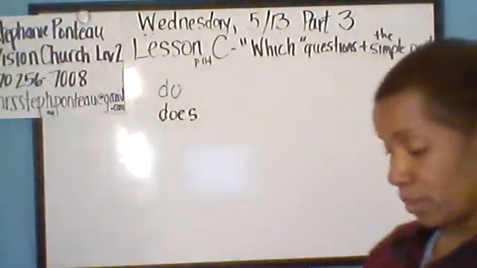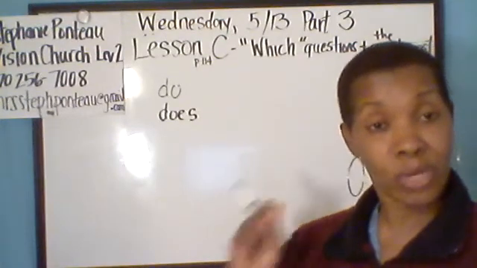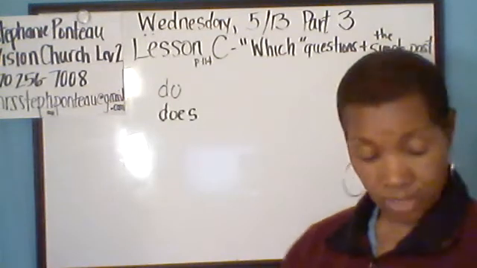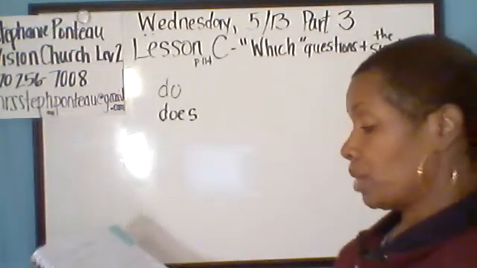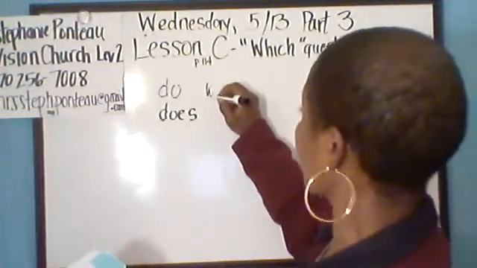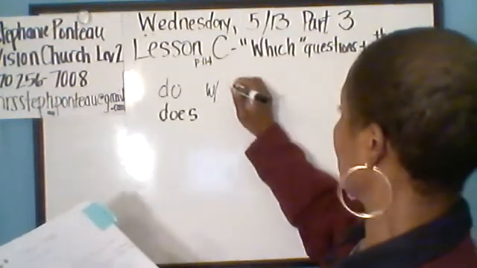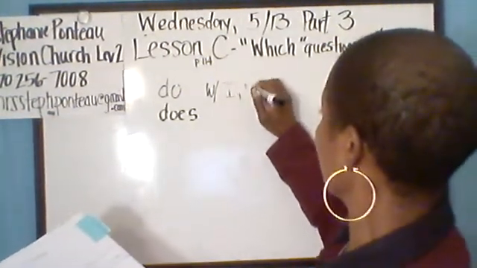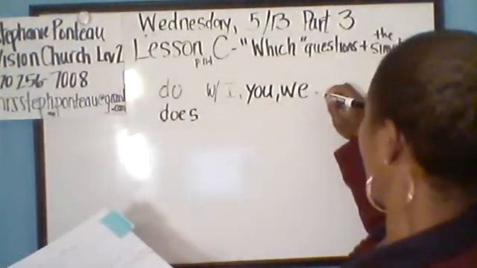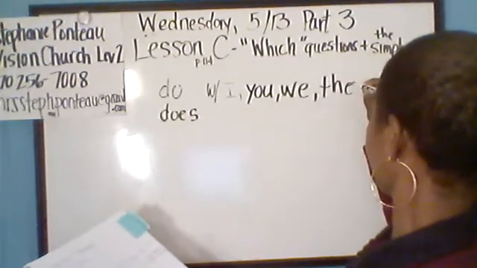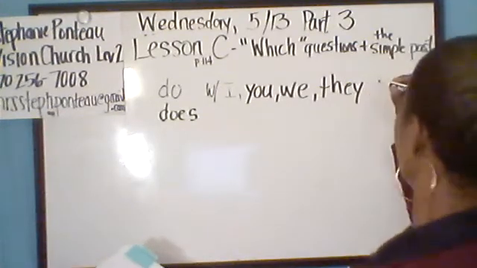And I want to remind you when to use do versus does. You're going to use do with personal pronouns with I, you, we, and they, and with plural noun forms.